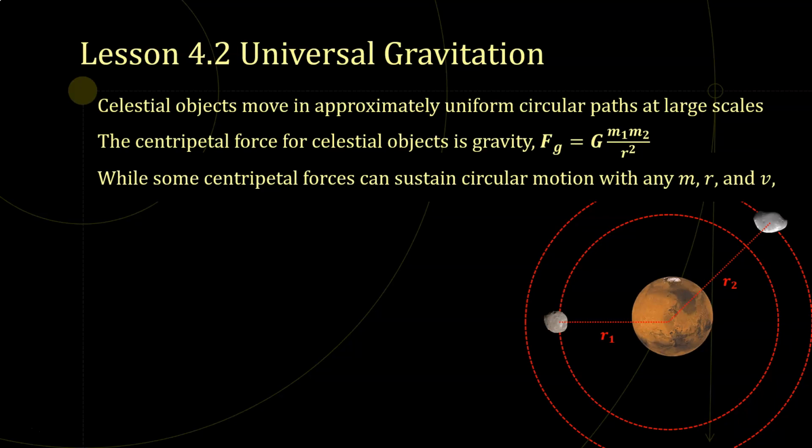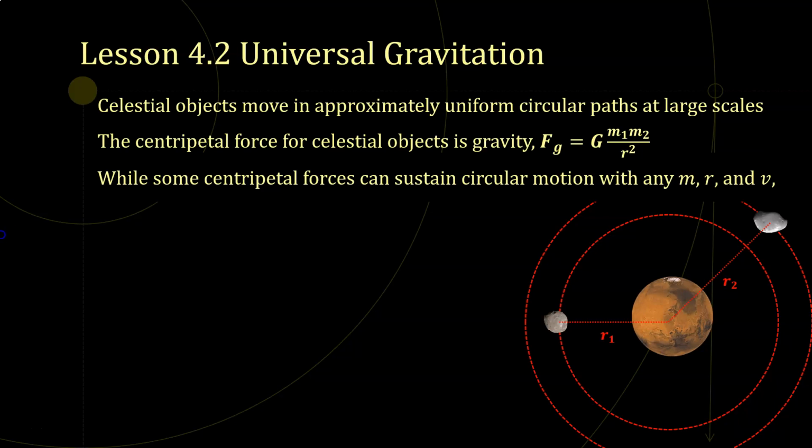We've seen examples of centripetal forces that are very flexible and can have any mass, radius, and velocity. However, anytime the net force that is a centripetal force is dependent on the mass of the object that's moving in circles, you're going to find that that mass is going to cancel out. And we can't have any value of m, any value of r, any value of v, and any period.